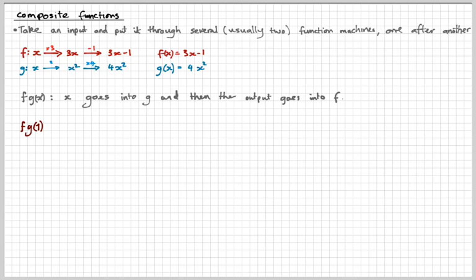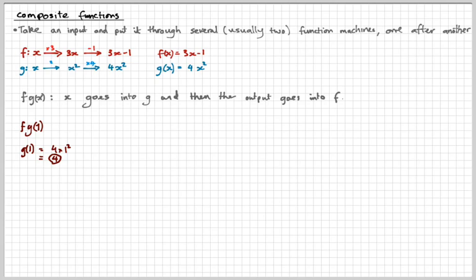Let's look at fg of 1. So 1 will go into g. When you put something into g, you square it and multiply it by 4. 1 squared is 1, times 4 is 4. So when you put 1 into g, you get an answer of 4. For the composite function fg of 1, you put 1 into g, and then you put that answer into f.